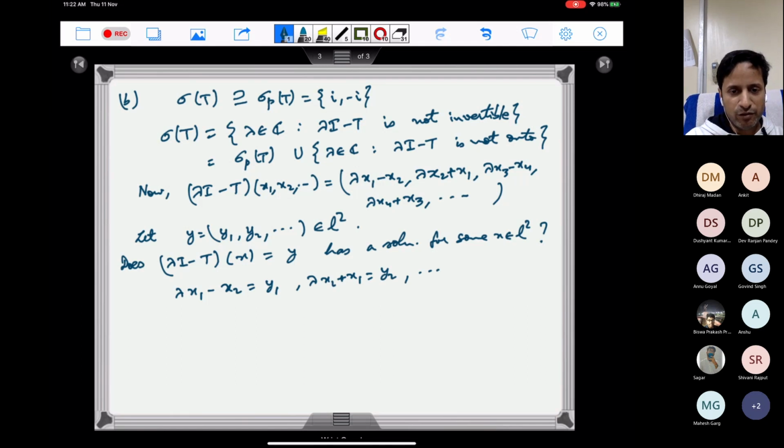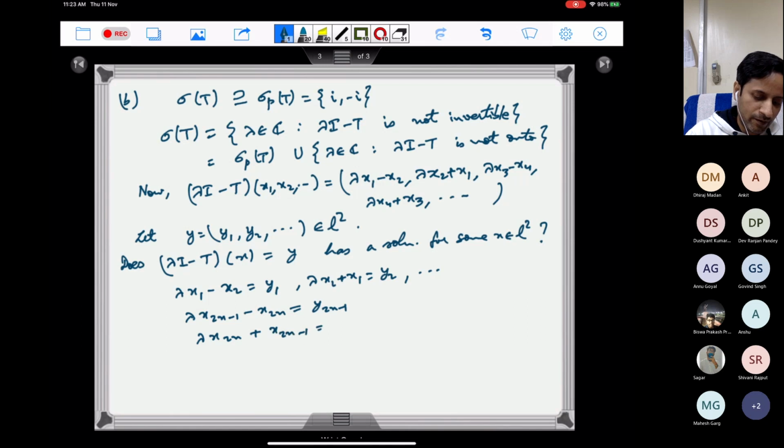We just have to look at these two equations and solve. In fact, I can write lambda x2n minus 1 minus x2n is equal to y2n minus 1 and lambda x2n plus x2n minus 1 is equal to y2n. This is true for all n.